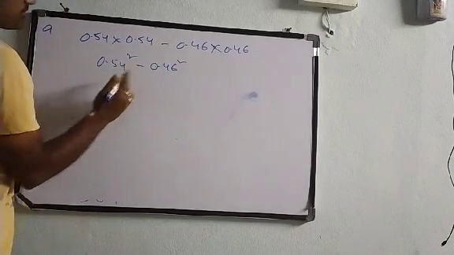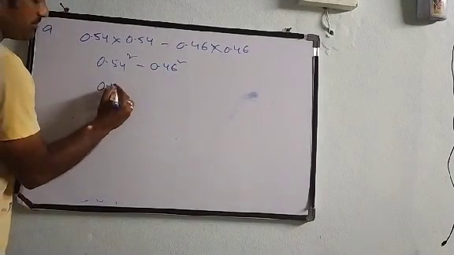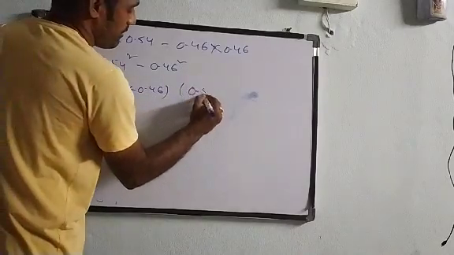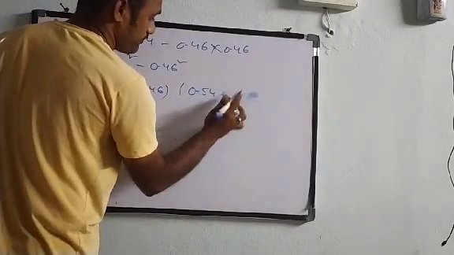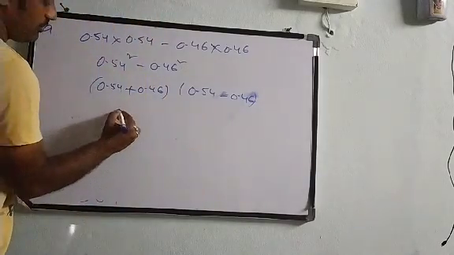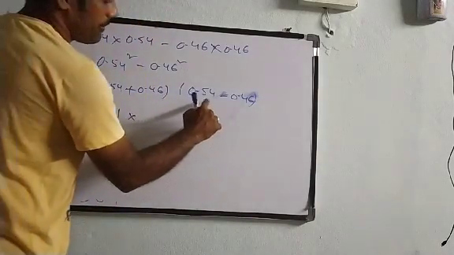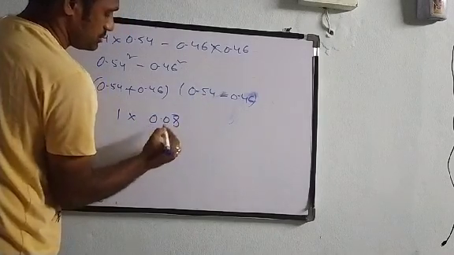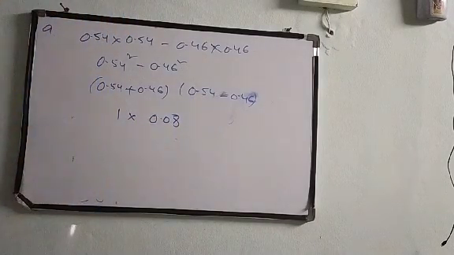So it is a square minus b square. We can write it as a plus b into a minus b. So a plus b will be 1, into a minus b, which is 0.08. So the answer is 0.08.